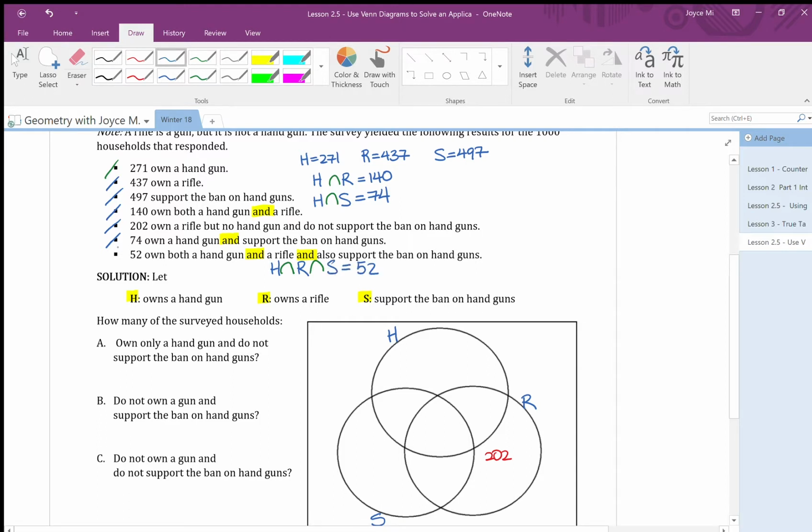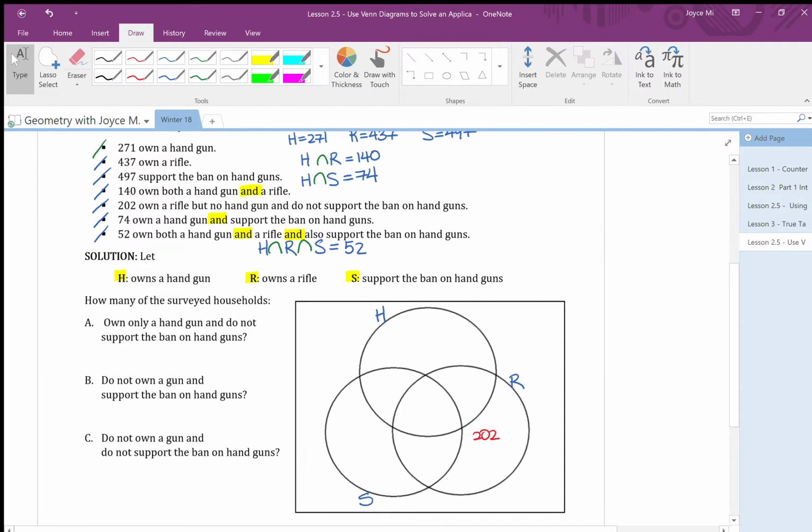Again, this piece of information is very specific. It tells me this is a household owning both a handgun and a rifle and supporting the ban, and that is referring to this region over here. So this region here is 52, so I can use this piece of information too. So that is 52.